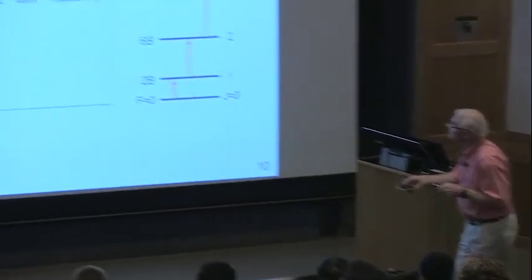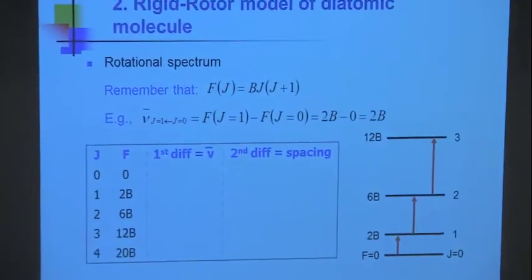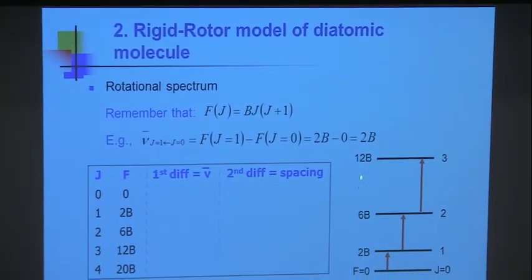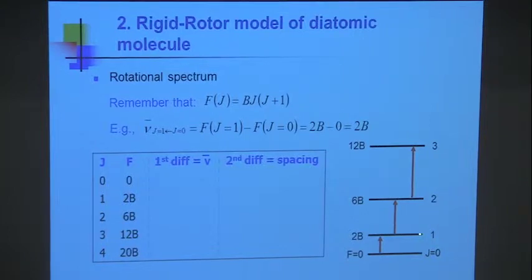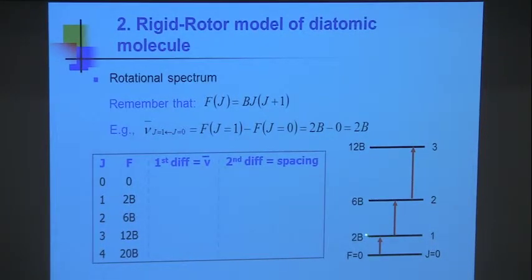So here's our expression for energy. Here's the energies, F. If I'm in J of 0, the energy is 0. If I'm in J of 1, I have an energy of 2B. If I'm J of 2, I have an energy of 6B. If I'm J of 3, I have an energy of 12B. Those are the allowed energy levels, whether it's homonuclear or heteronuclear, it doesn't make any difference.